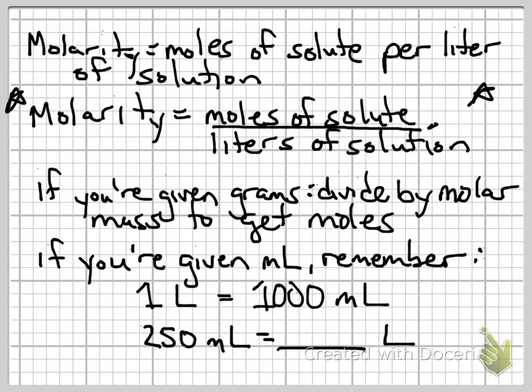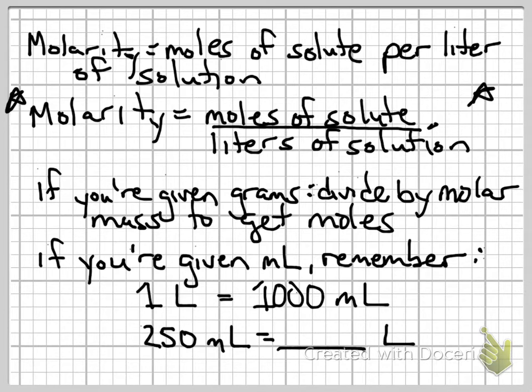Probably in a lot of cases, we're going to give you the molar mass to allow you to carry out that calculation pretty easily. But if you're not given the molar mass, you would simply calculate that molar mass from the periodic table, and you would divide by that molar mass to get moles. And that's the number that would go into your equation.